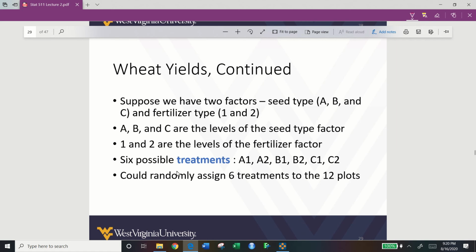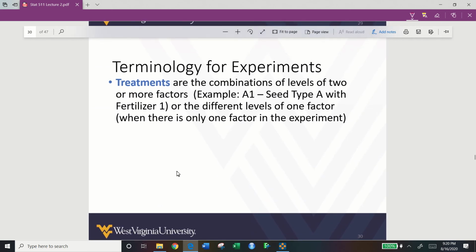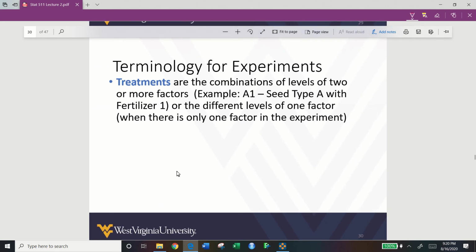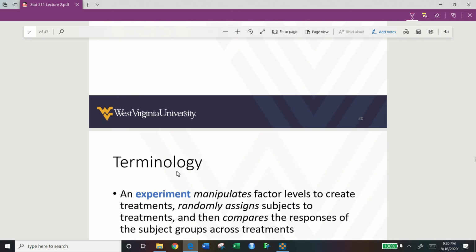One option would be to randomly assign our 6 treatments to the 12 plots. Treatments are the combination of levels of 2 or more factors. For example, A1 implies seed type A with fertilizer 1. When we only had 1 factor in the experiment, we simply had seed type A, B, and C.